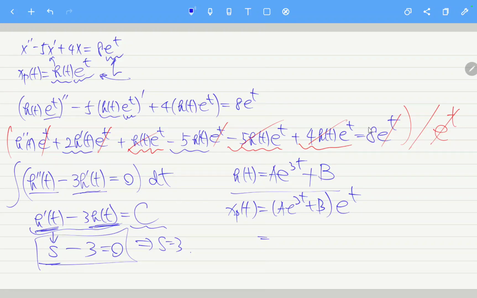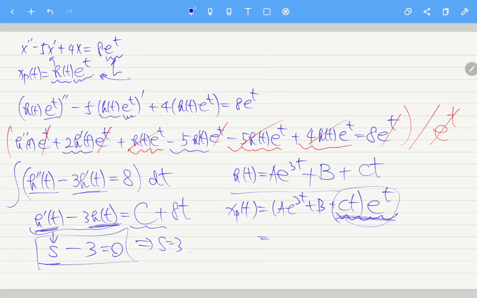So here it should be an 8. So when we do the integration, we should have c plus 8t. So in that sense, we should get plus something like ct plus ct e to the t. Okay, so you see this term will occur.